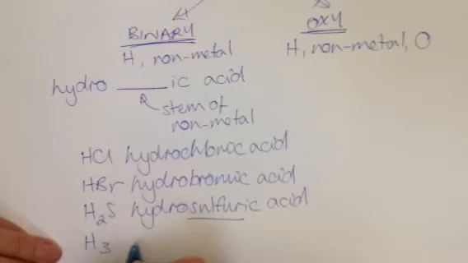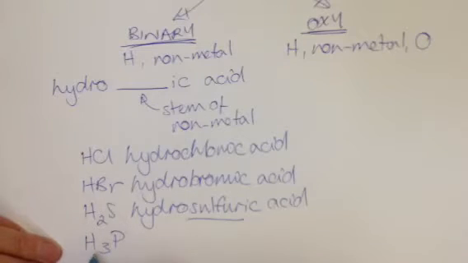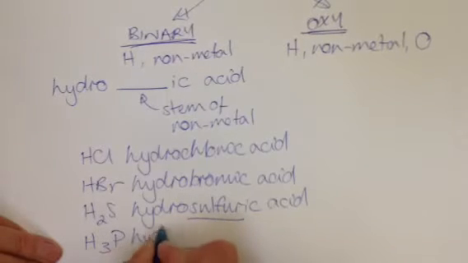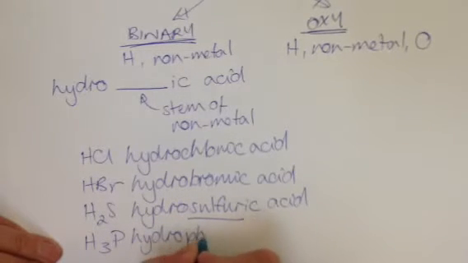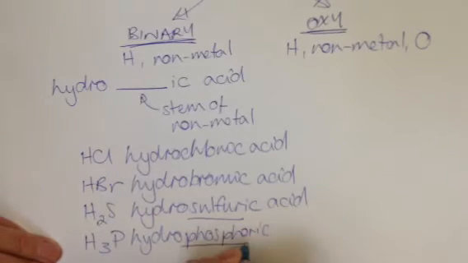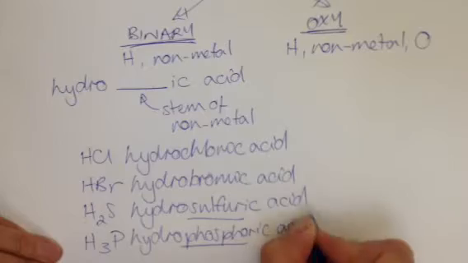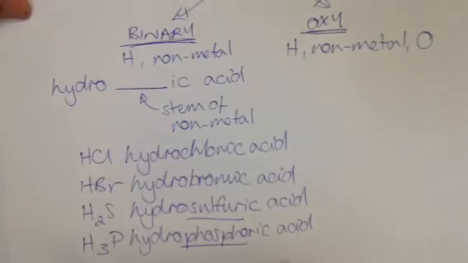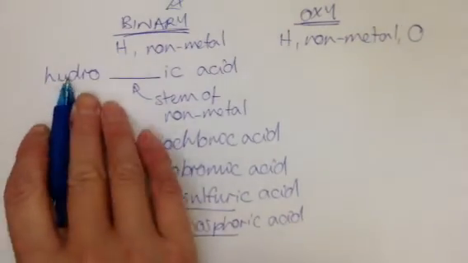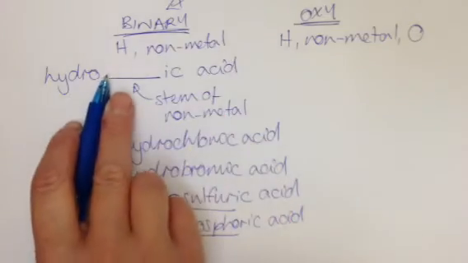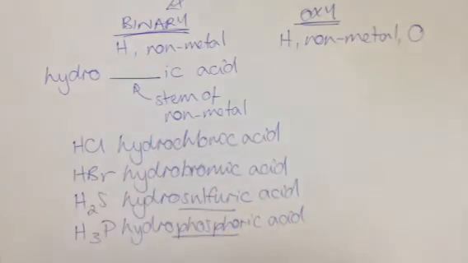Phosphorus also uses two syllables in its stem. So it's not hydrophosphic acid, it's hydrophosphoric acid. Again, two syllables. Okay, so binary acid, it's hydro-blank-ic, and the blank is the stem of the nonmetal.